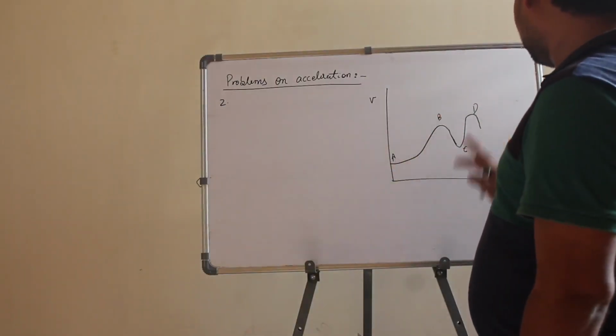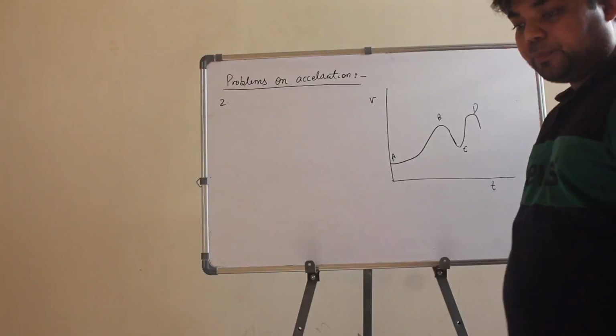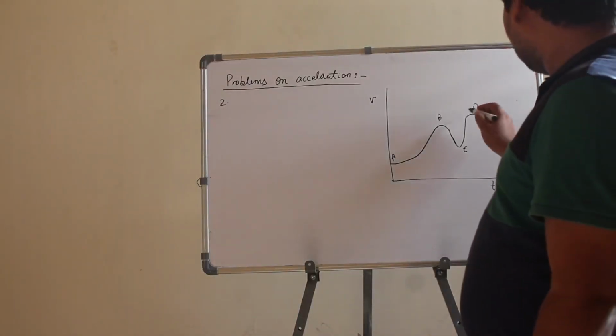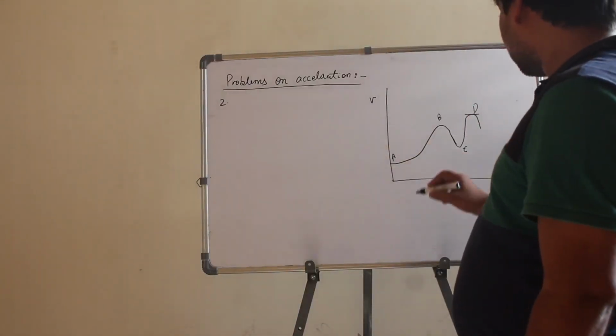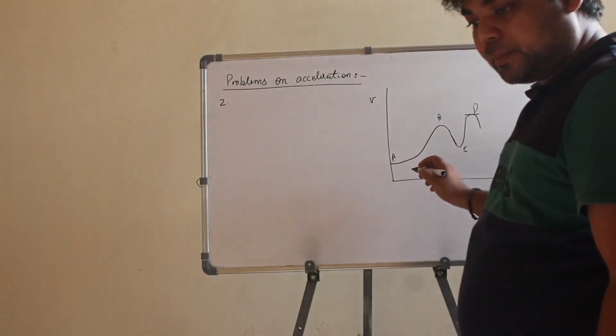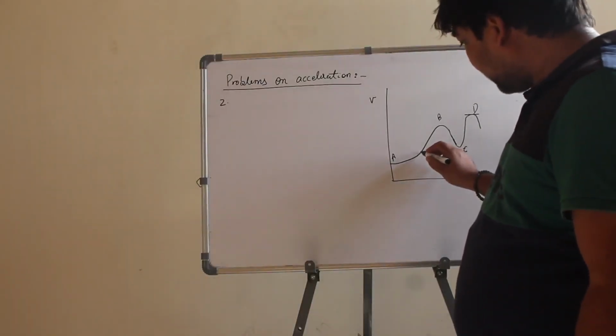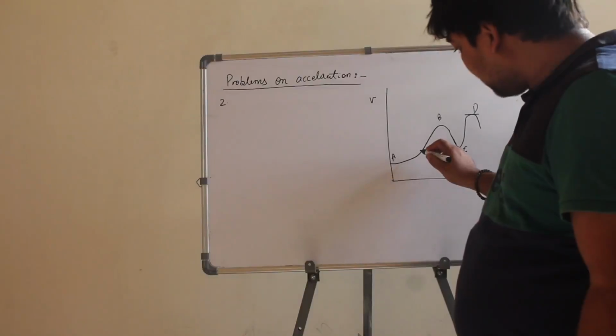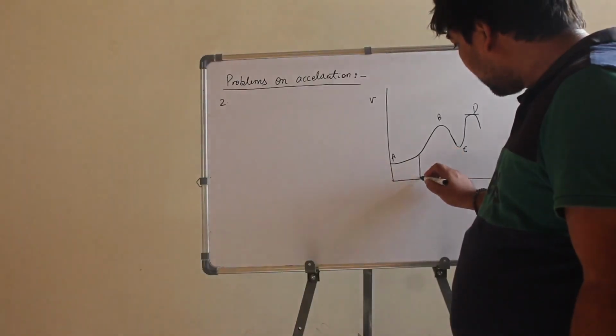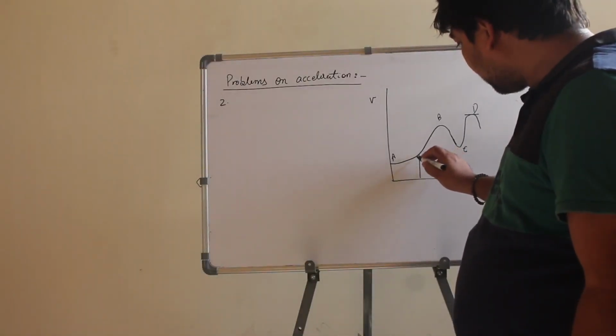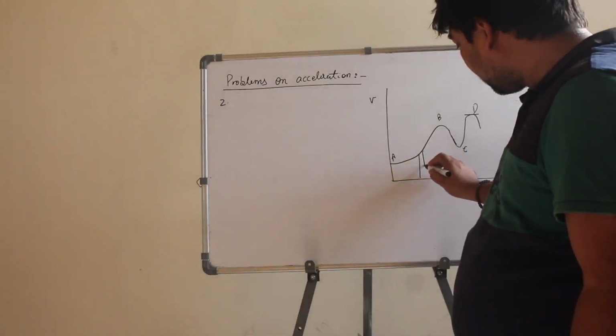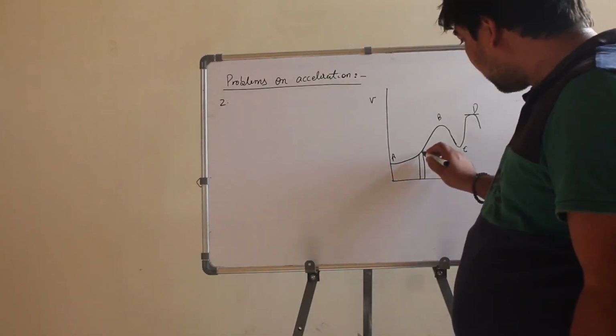A, B, C and D. So these are the 4 points. Now if we look at it very carefully, 3 variational intervals are given.